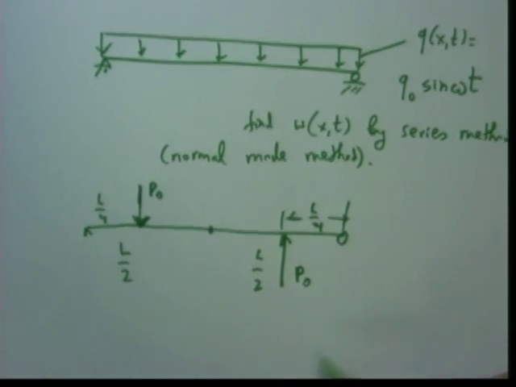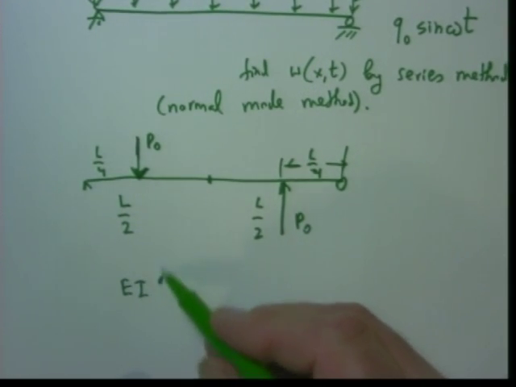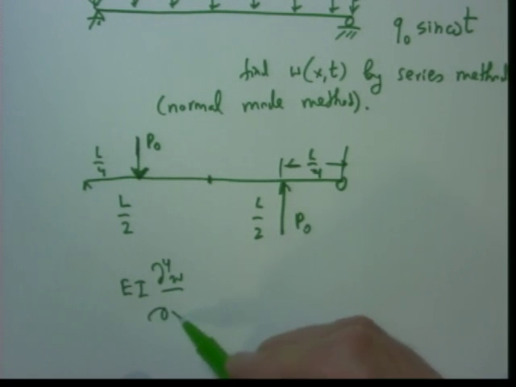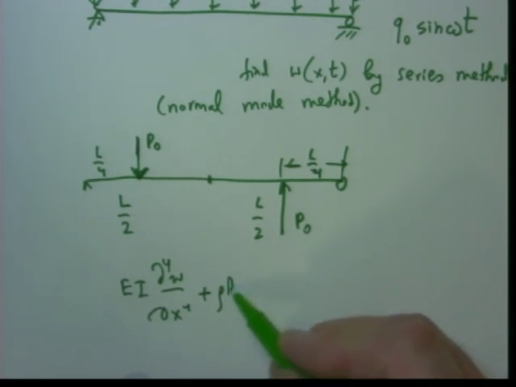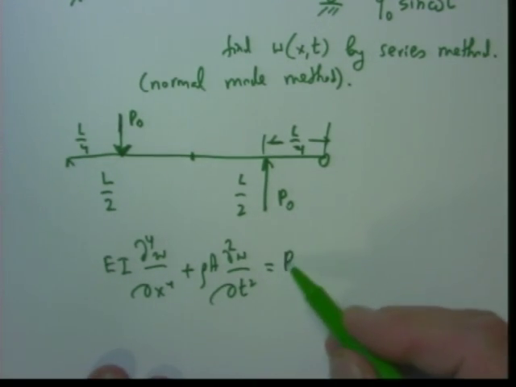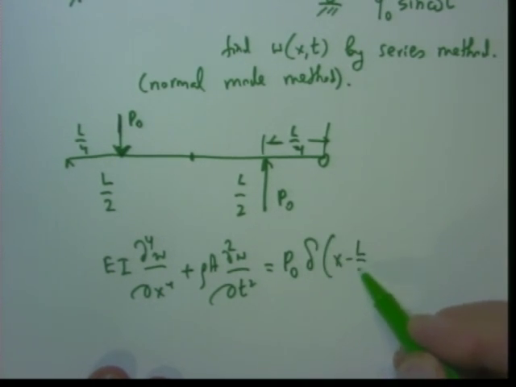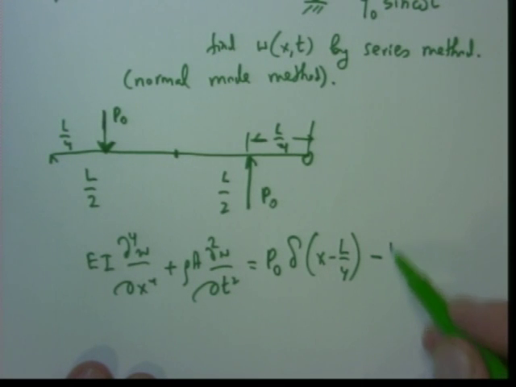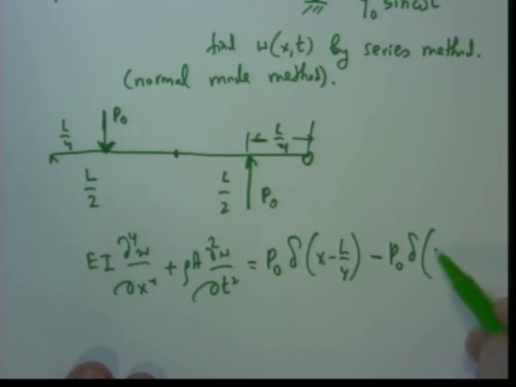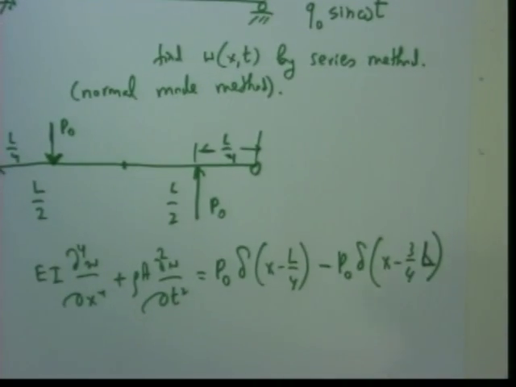I will just write down the differential equation: EI d^4W/dx^4 plus rho A d^2W/dt^2 equals P sub 0 times delta function (x minus L over 4) minus P sub 0 delta function (x minus 3/4 of L). Draw conclusions in both cases.